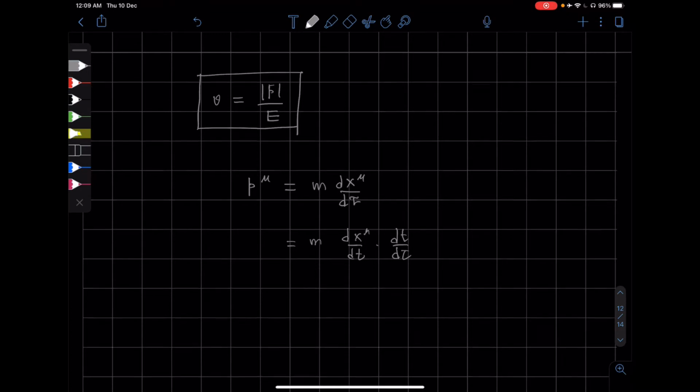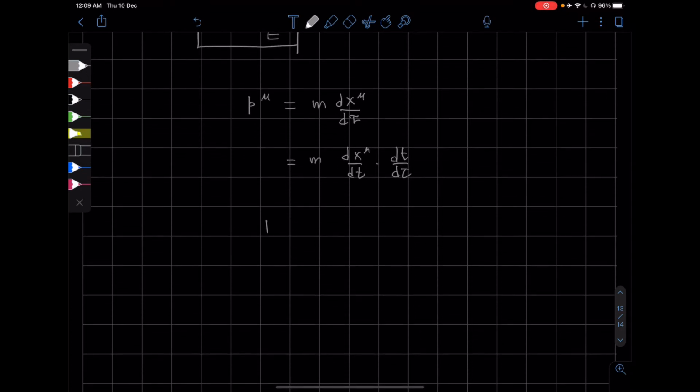Now, if I look at the three-dimensional component of this vector, then the three-dimensional momentum p will be equal to m times the three-dimensional velocity, and here this will be dt by d tau.